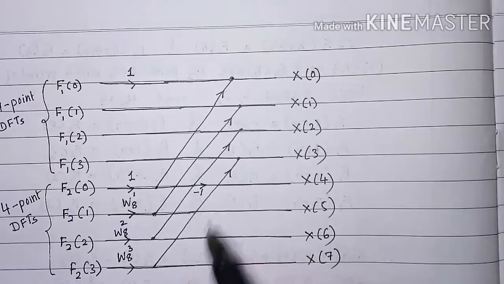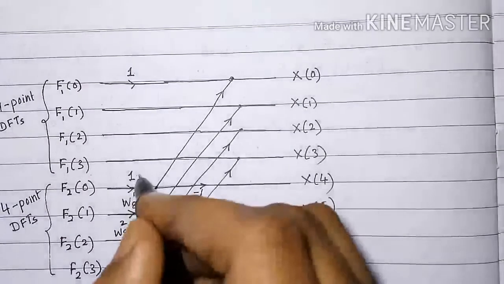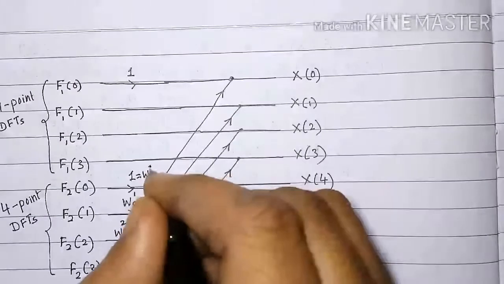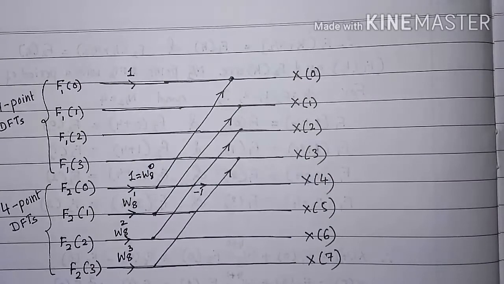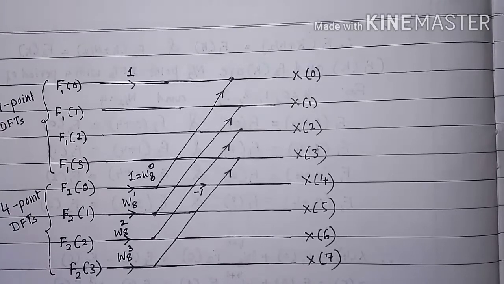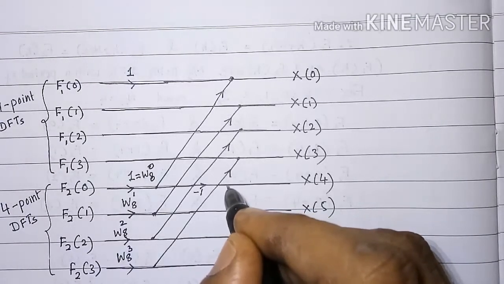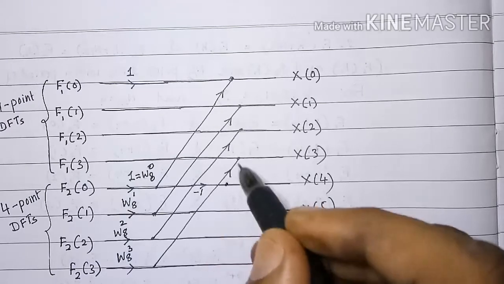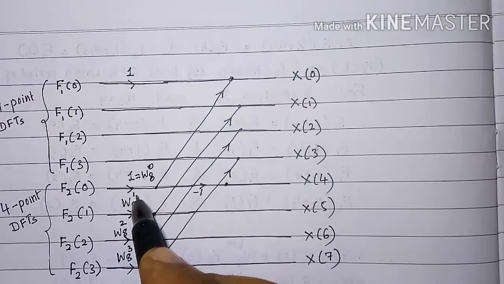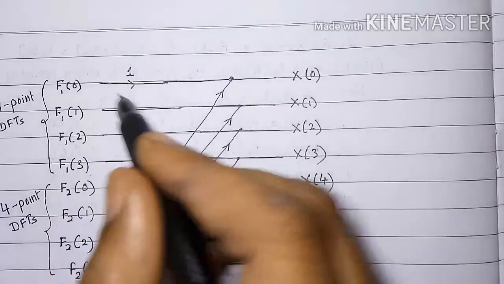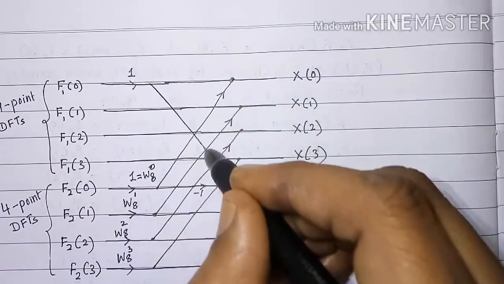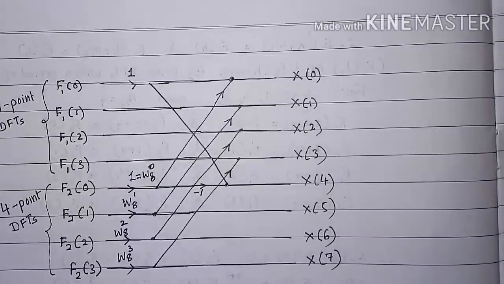Therefore I will write here minus 1. Remember, 1 is nothing but w8 raised to 0. So to subtract f2 of 0 into w8 raised to 0 from f1 of 0, you bring f1 of 0 here.